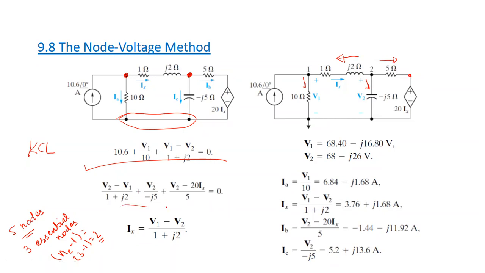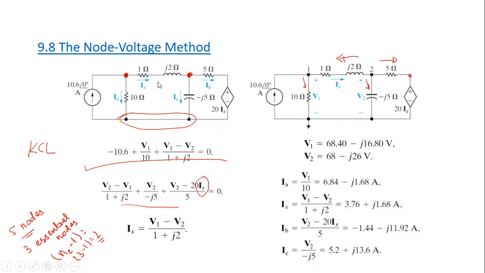As you see, this is KCL for the second essential node, and we see that V1 and V2 are the variables, and we still have Ix, a third variable. So we need to express Ix through V1 and V2 in order to eliminate the third variable.